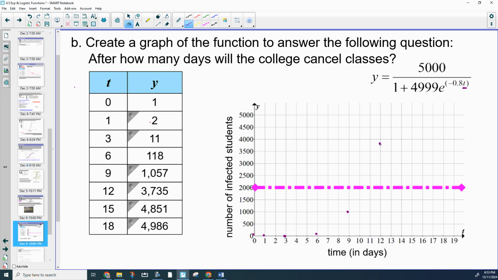And then 18, we're at 4,986, so nearly the 5,000 one. So there's our graph. Again, it's just going right along the bottom here. Starts to come up just a little, and then all of a sudden it just takes off until it gets to that carrying capacity and kind of slows down.